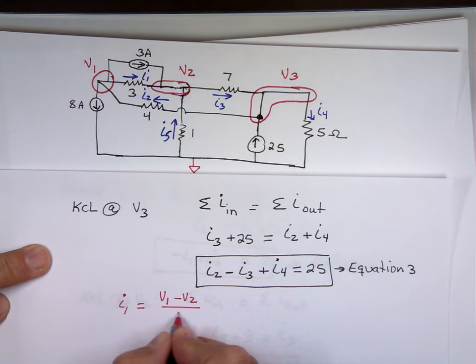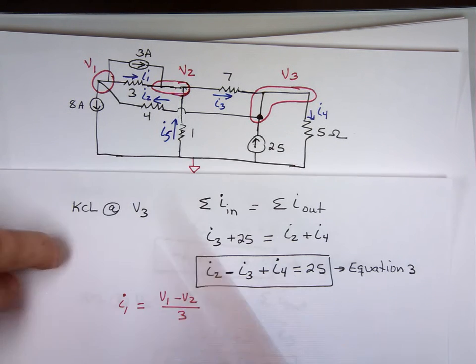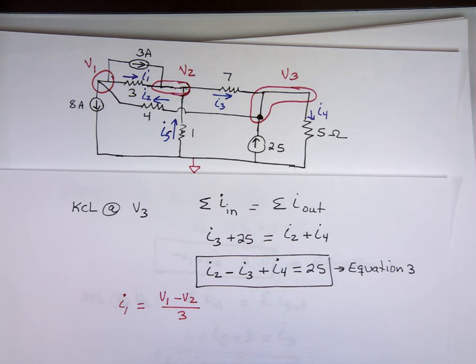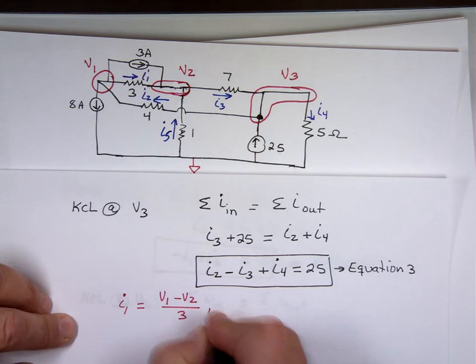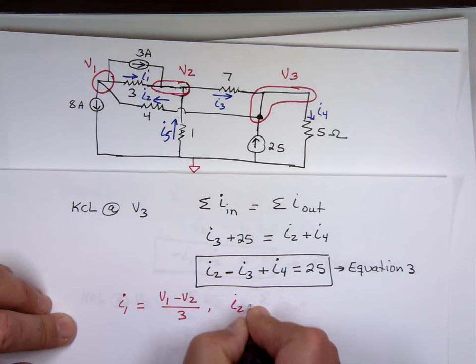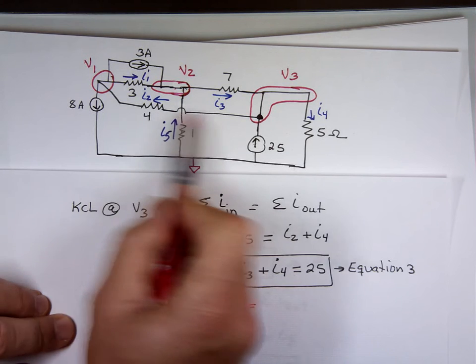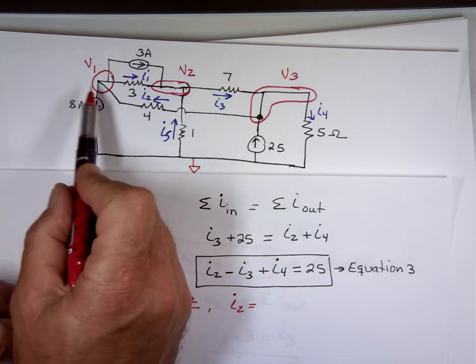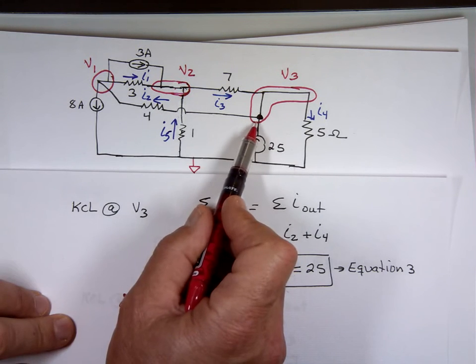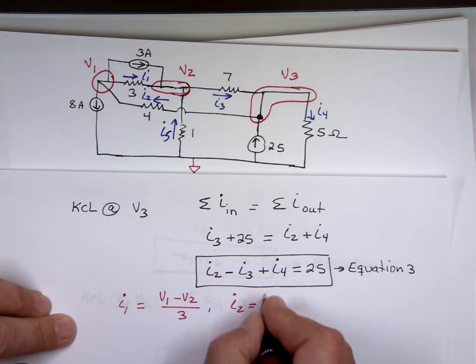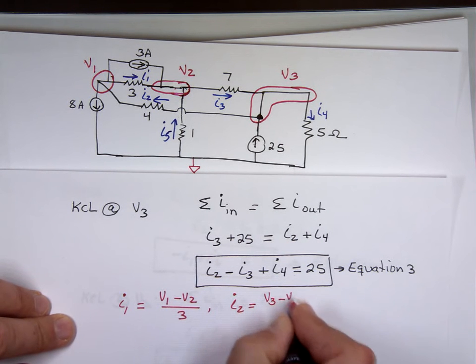The resistor is 3. While I'm at it, I sub 2. I sub 2 is the current going this way. So it's this voltage minus that voltage. What's this voltage? 3 minus what? V1 over 4.